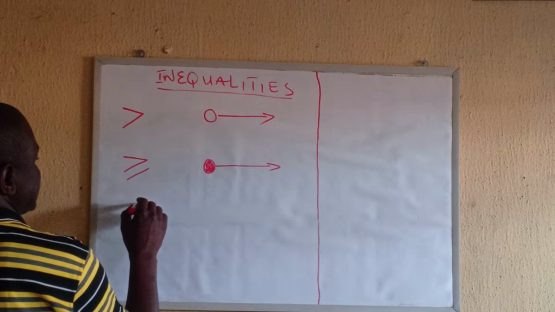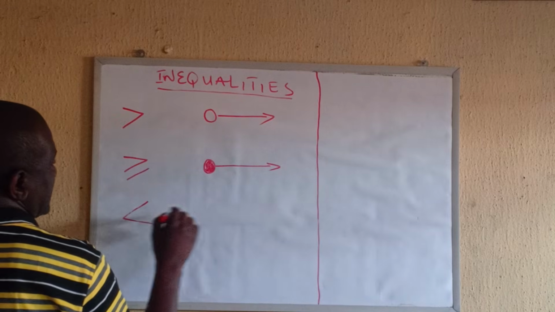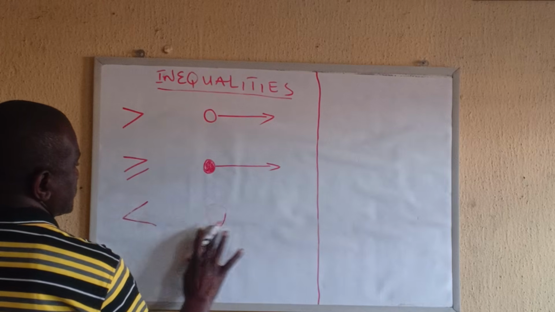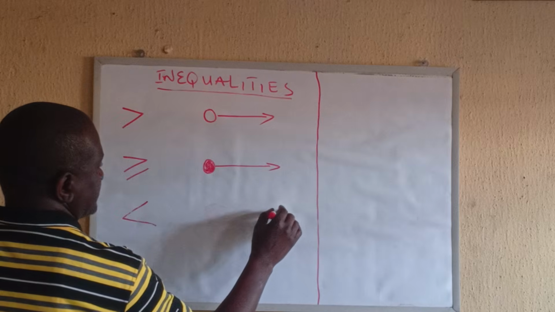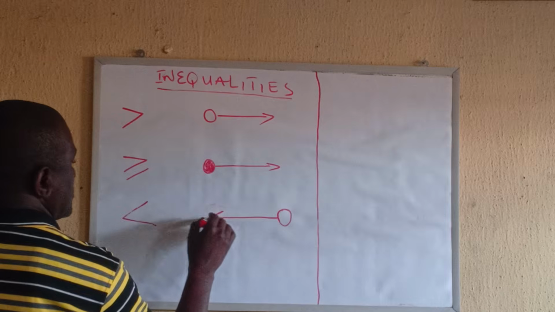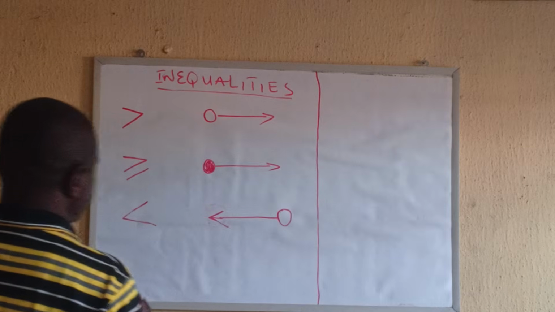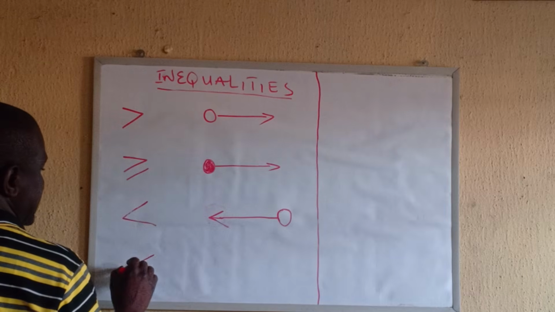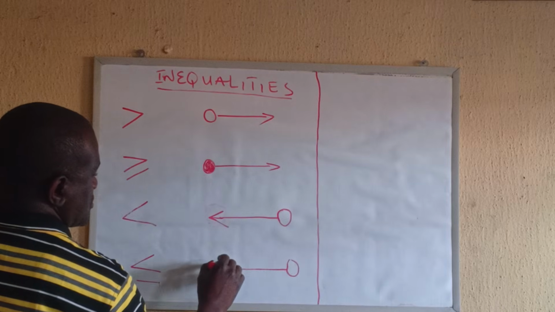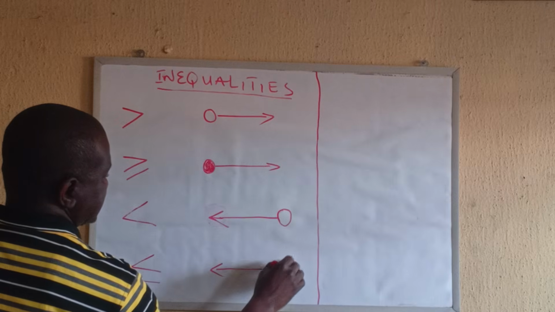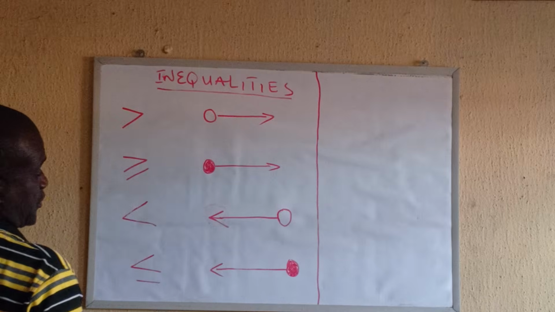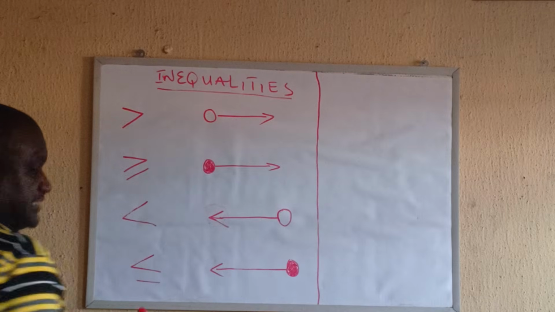And we also have less than, with this symbol. This is the symbol representation. We also have less than or equals to, with this circle shaded.